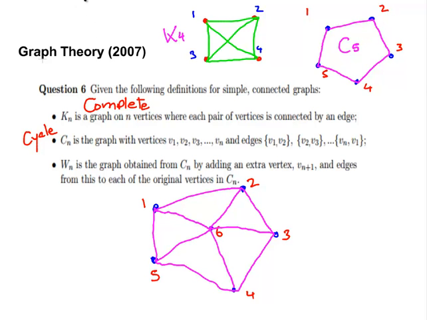So that's how we might draw it. And that we call W5. Just remember it refers to having 5 vertices and then a 6th vertex added to it. So it's n plus 1, but it's still W5 even though it has 6 vertices. Right, that is that part.